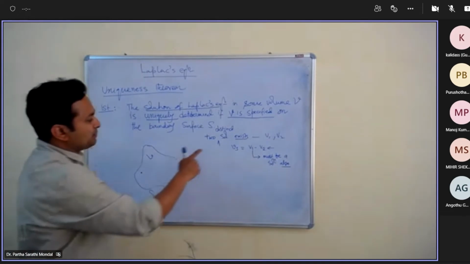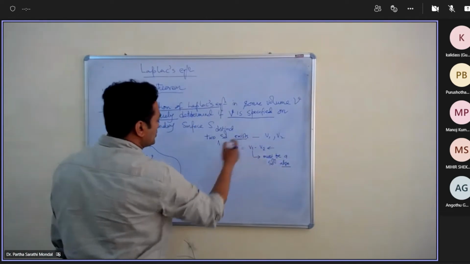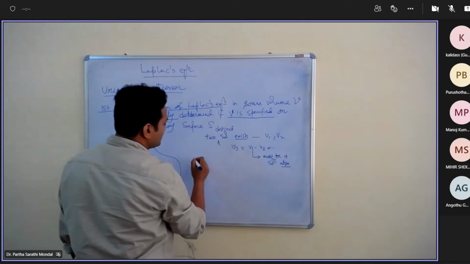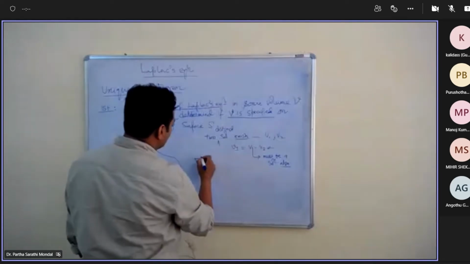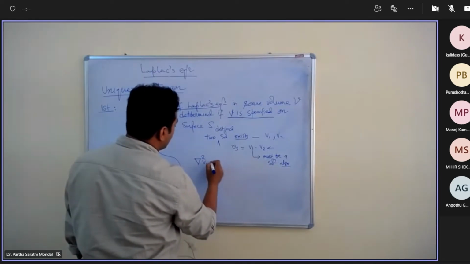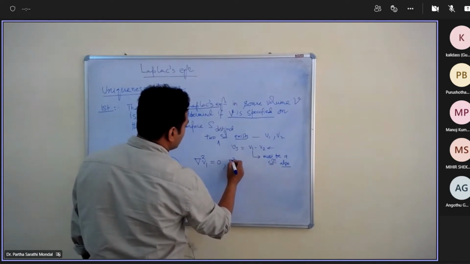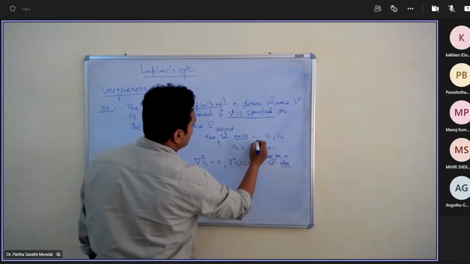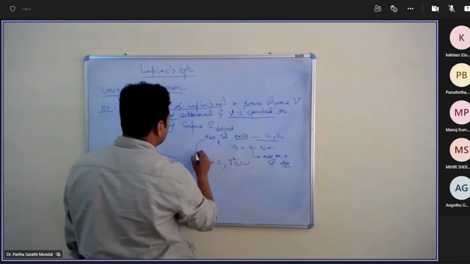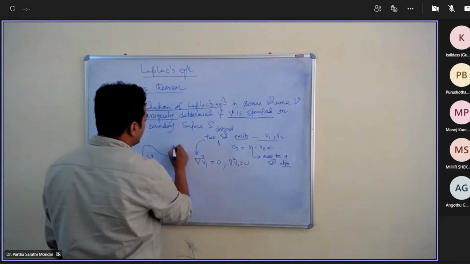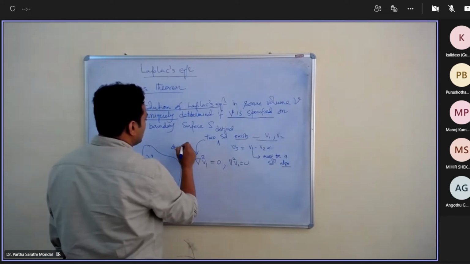So now, if they are solutions, they should obey the Laplace equation. That means del square V1 should be 0 and del square V2 should be 0. They must obey the Laplace equation.